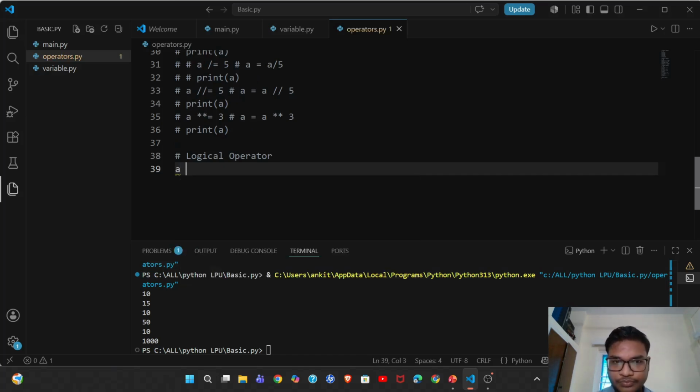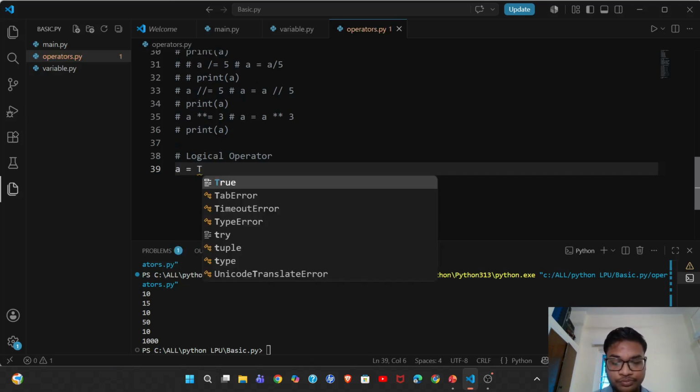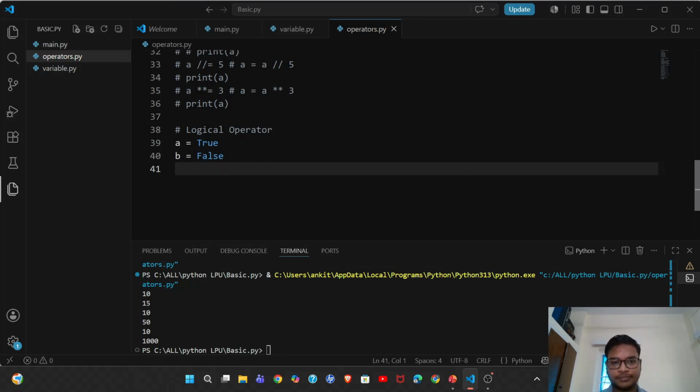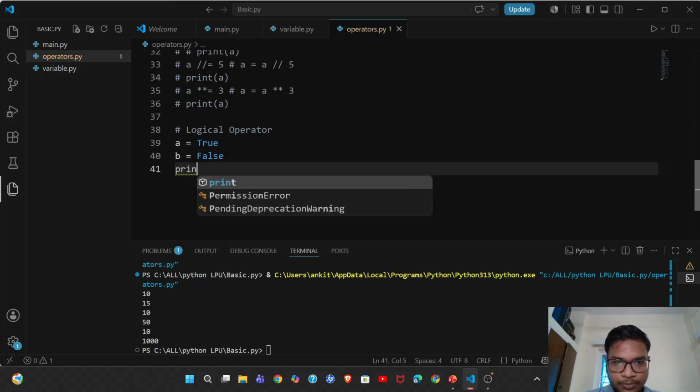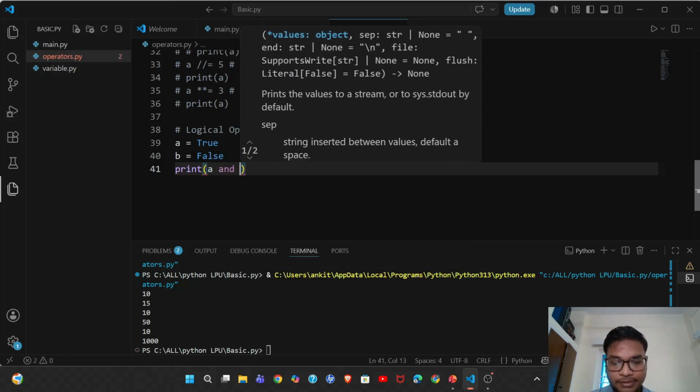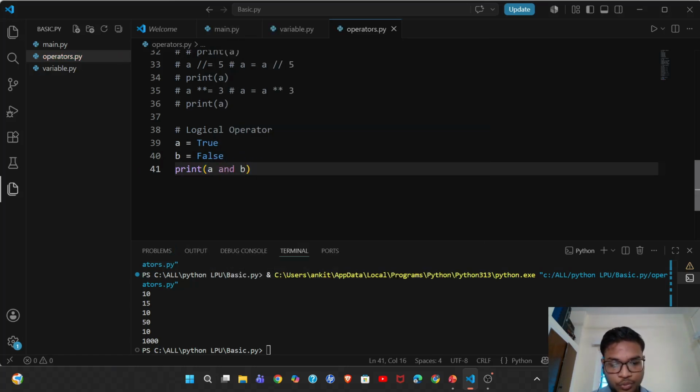So a equal to true, b equal to false, correct? Now print a and b. The output is what? If both are true, then the output is true. Here both are not true, a equal to true and b equal to false, so the output is false.